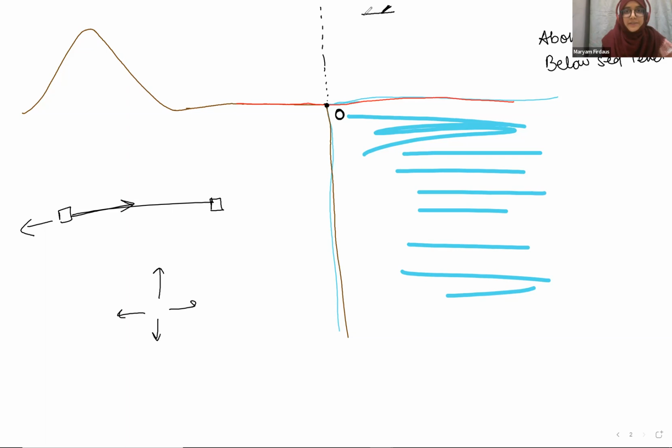I know this doesn't look like an airplane, but let's say that's an airplane. If you've ever been in a flight before, they say we are 20,000 meters above sea level.